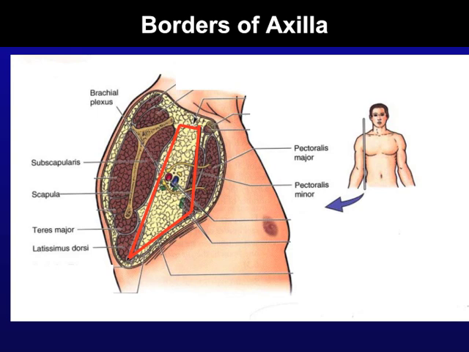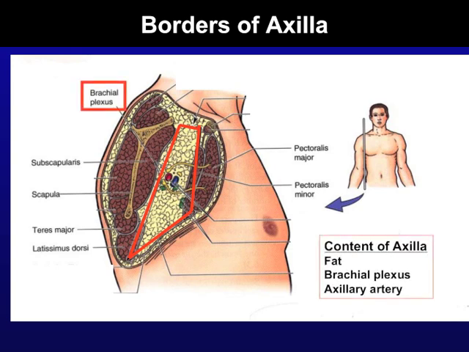Showing the boundaries of the axilla, however, does not indicate that one should memorize its boundaries as a list. The description provided is simply to indicate to students the general locations of this important area of the body. What the image does make clear, however, is that the major content of the axilla is fat.